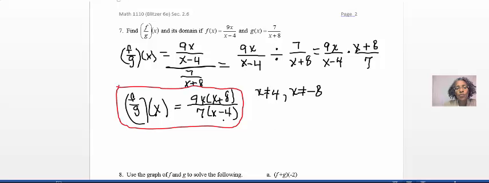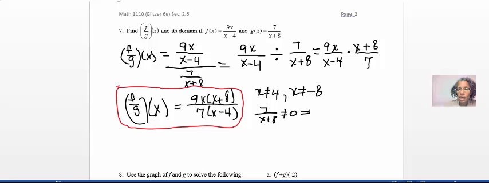But there's something a little more complicated here. We actually don't have a problem, but in this particular case, 7 over x plus 8 also can't be 0. And it turns out that it never is 0, but if it could be, I would have to omit the values that made it 0.